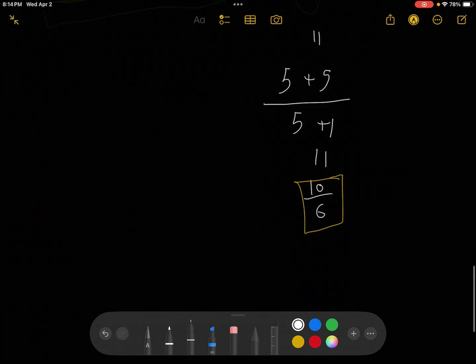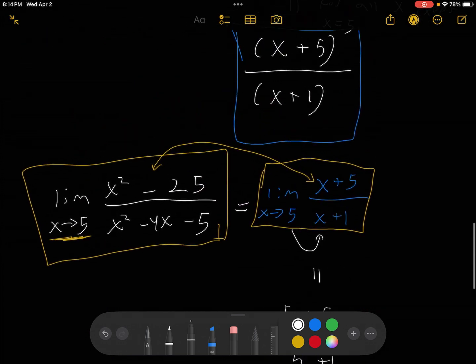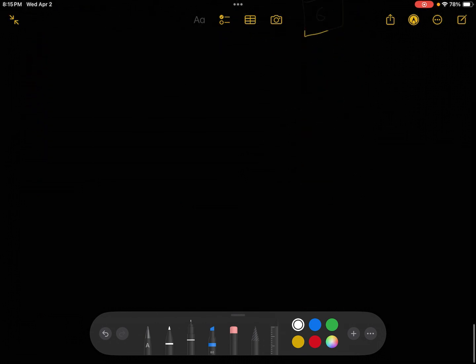So let's see one more example that's going to be similar to this one, where we can't simply evaluate our original equation at this limit. But in this one, the algebraic manipulations are going to be a bit more complex.